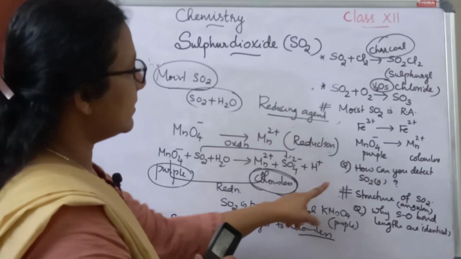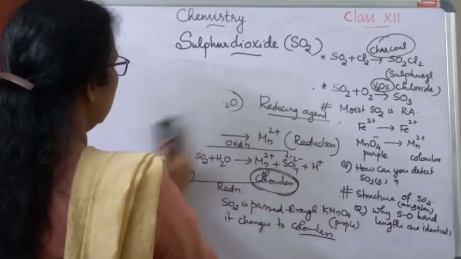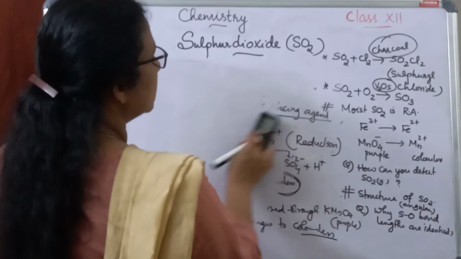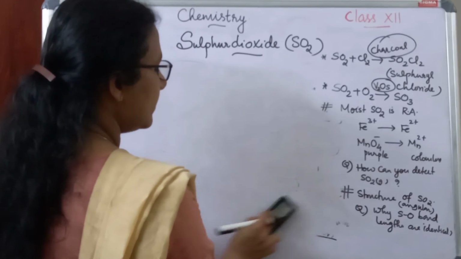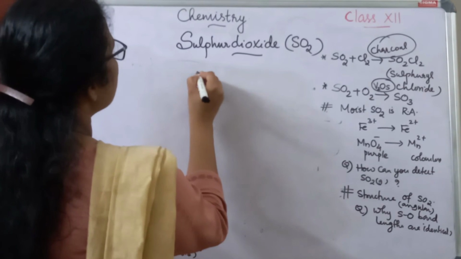Then another point is about the structure of SO2. SO2 is similar to ozone, so we can draw the structure like ozone. SO2 is angular in shape, angular or bent V. This is the structure of SO2.